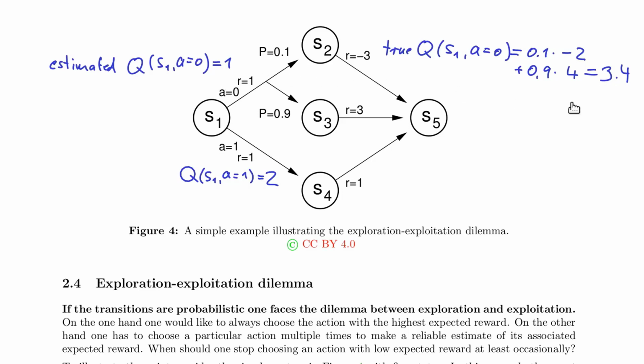Because the true expected reward here for A equals 0 would be 3.4. So you have to try often enough the different options before you decide on one particular strategy or policy, if you're in a non-deterministic system.